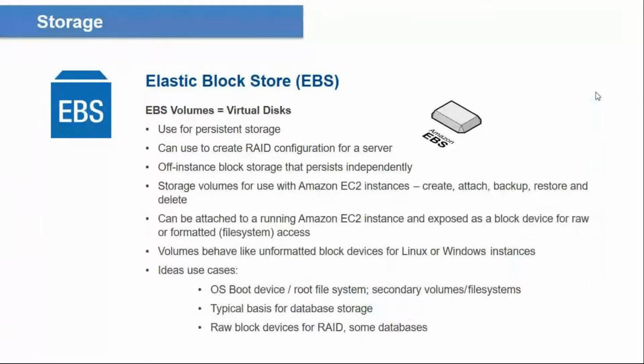So what is EBS? EBS is also a kind of storage, Elastic Block Store. It provides block storage volumes for use with Amazon EC2 instances, attached to a running instance and exposed as a block device. Whenever you fire up your instance, it automatically stores the instance data in EBS.